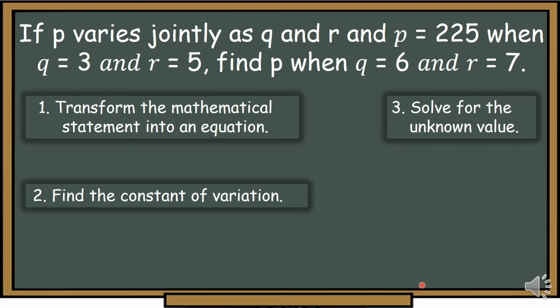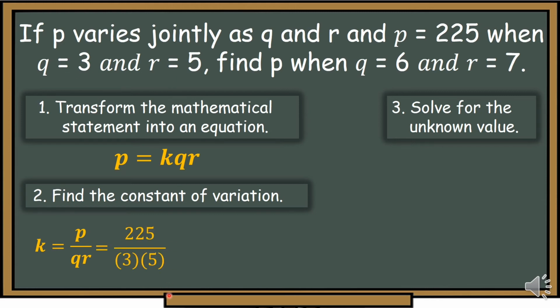The mathematical equation for this mathematical statement, P varies jointly as Q and R, is P equals KQR. Again, P equals KQR. And the value of K is determined by P over QR. Our P is 225, our Q is 3, and our R is 5.